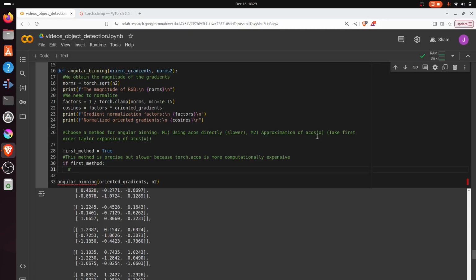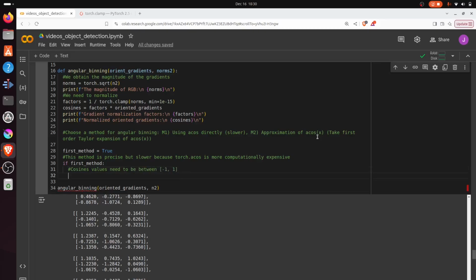So the cosine values need to be between the range of -1 and 1.